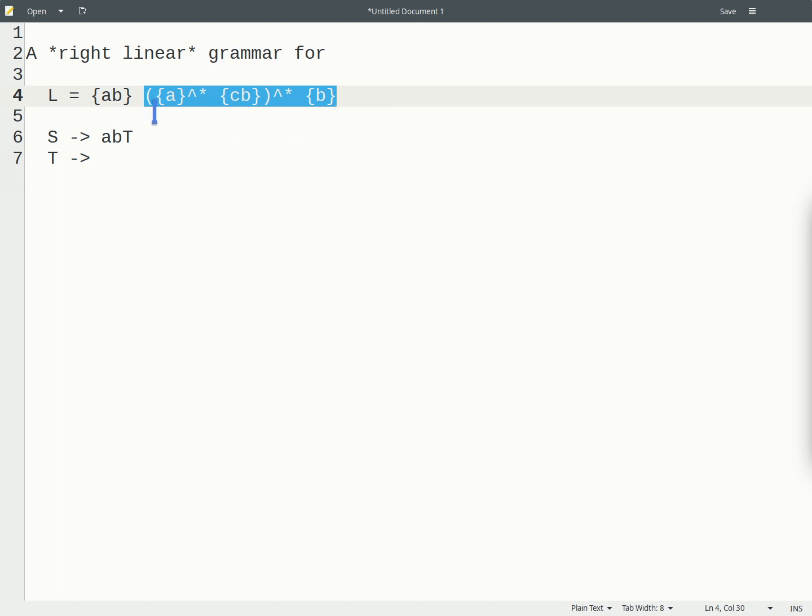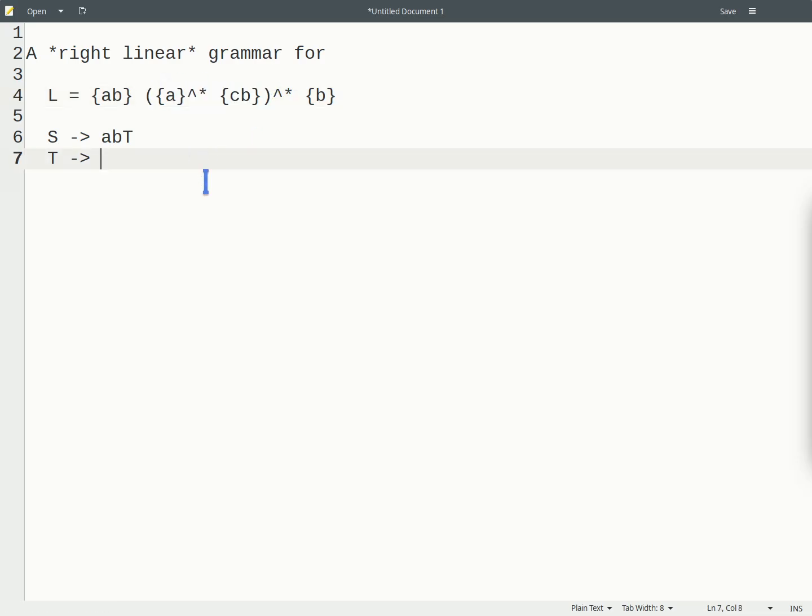Now, how do the words in this language look? Again, we have to generate them from left to right. So we first generate an arbitrary amount of words in this language, and once we are done with this, we finish with b. We have to decide whether we want to generate one more copy, because here's a star, this could be 0 copies, or finish with b.